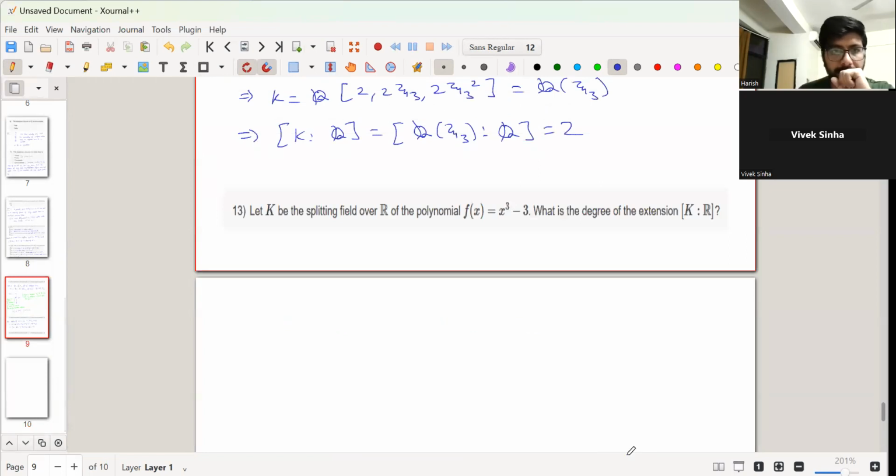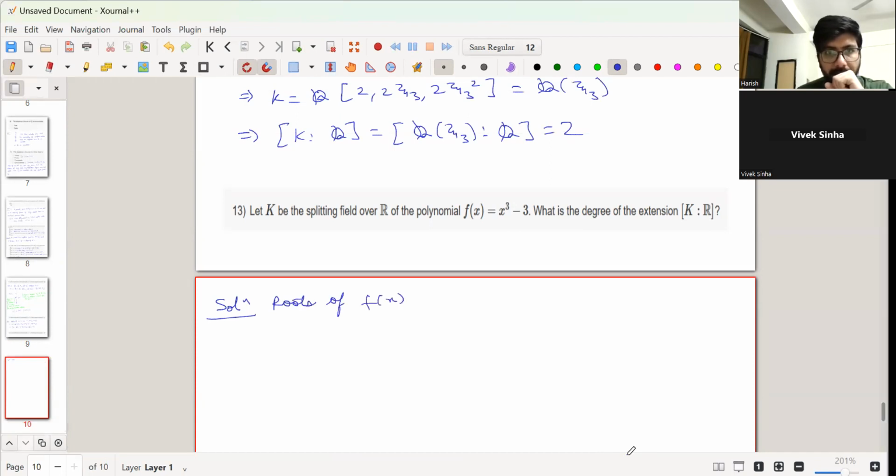So again, the same thing, we will start with roots of f(x), which are just cube root of 3, cube root of 3 zeta 3, cube root of 3 zeta 3 square.